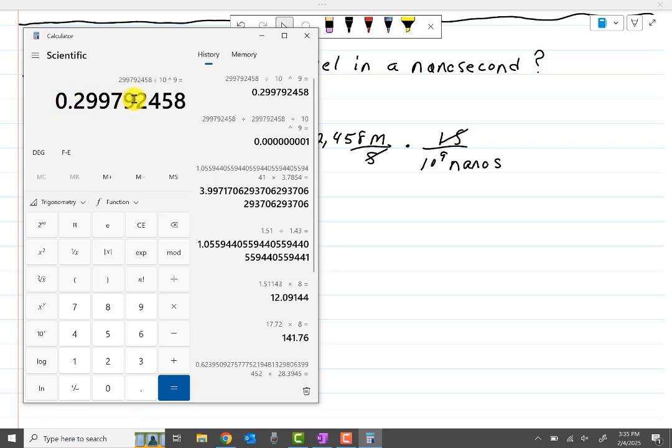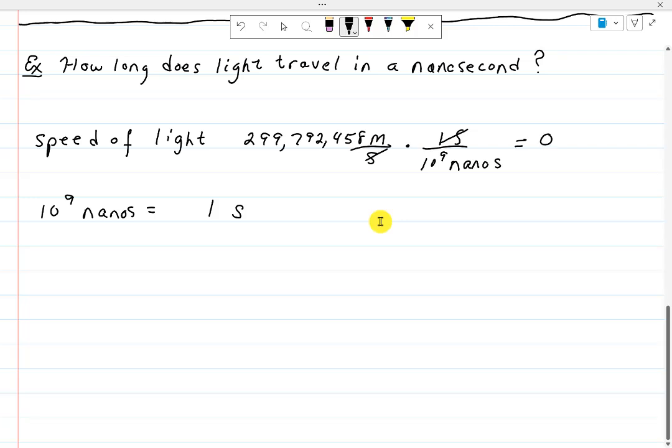Look at all these digits. That'll be good to 5 decimal places accuracy. So we'll call it 0.3. So it travels in a nanosecond 0.3 meters. How long is that in inches?